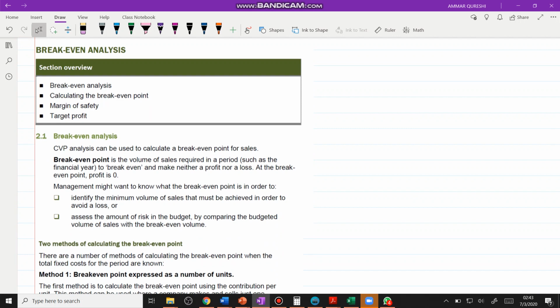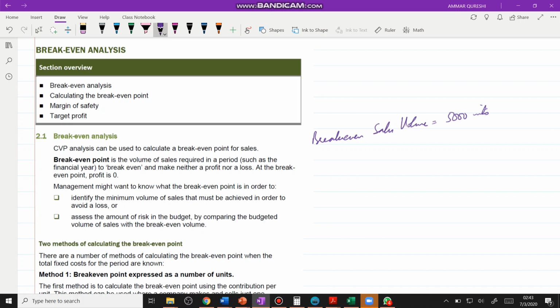Because the company will plan its sales volume in such a manner that it can sell at least more than the break-even point. For example, if the break-even sales volume is around 5,000 units, this means that if the company sells 5,000 units, it will earn no profit and no loss. That will be the break-even point, like your passing marks, right?